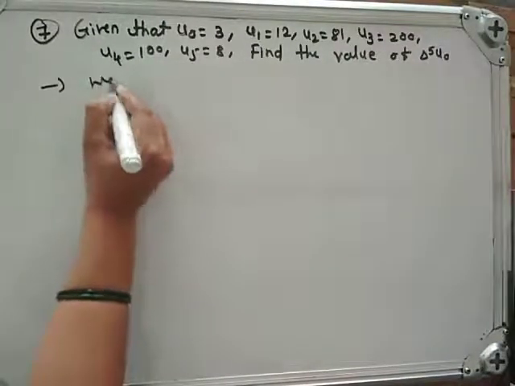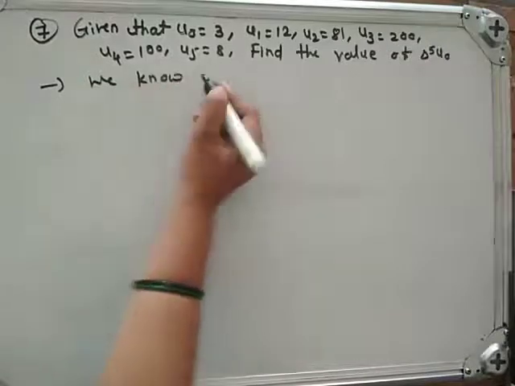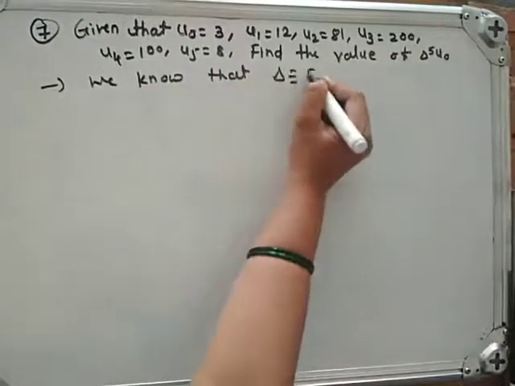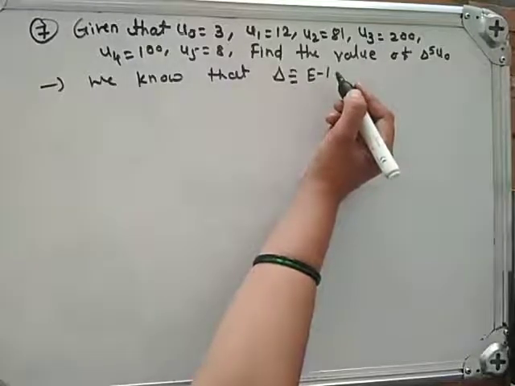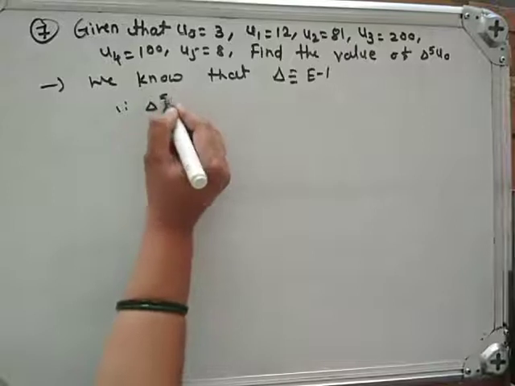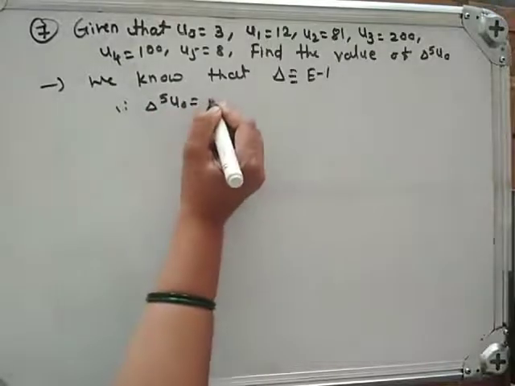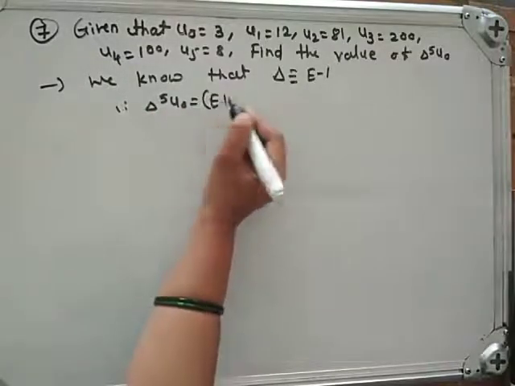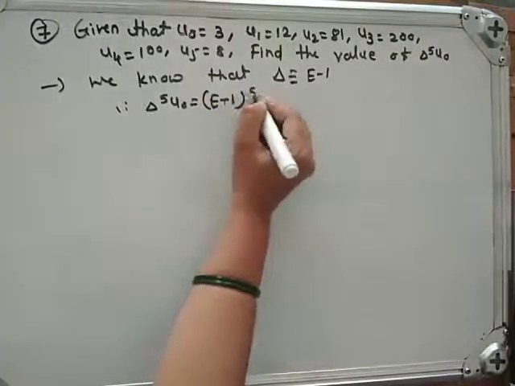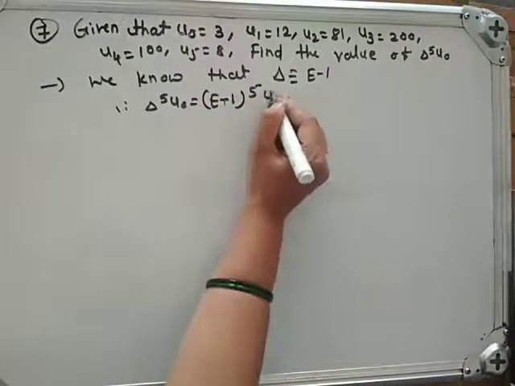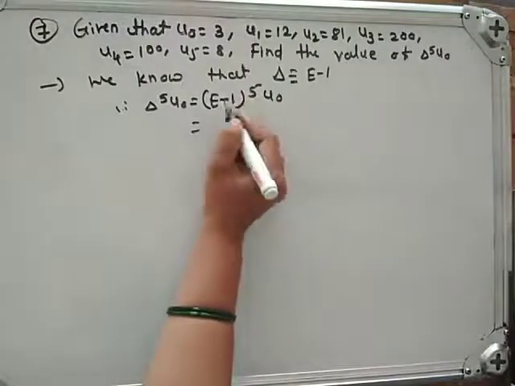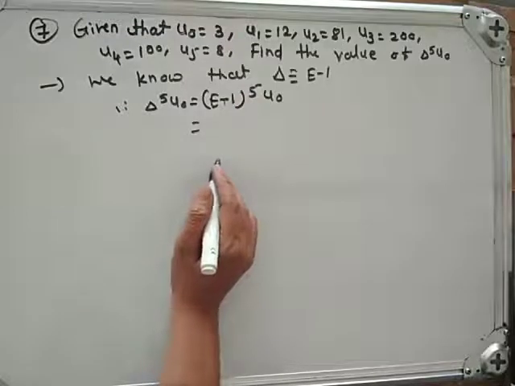Solution. We know that delta is equivalent to E minus 1. Therefore, delta raised to 5 of u0 is equal to E minus 1 raised to 5 of u0. Okay. Expand this bracket by using binomial expansion.